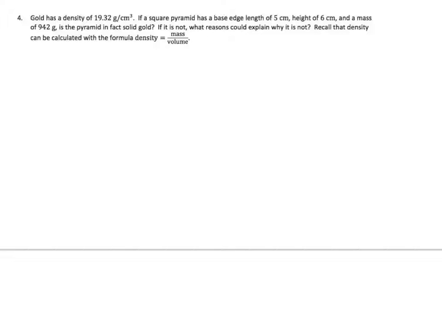Gold has a density of 19.32 grams per centimeter cubed.